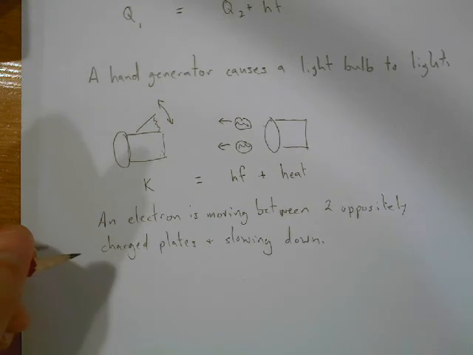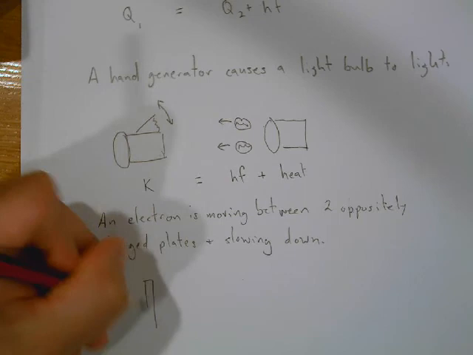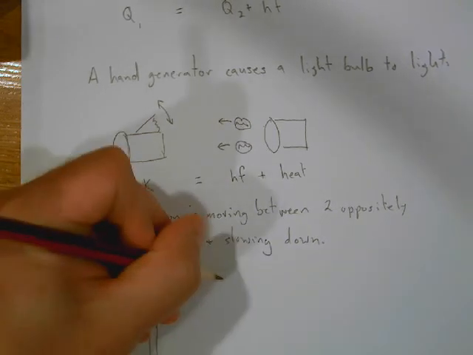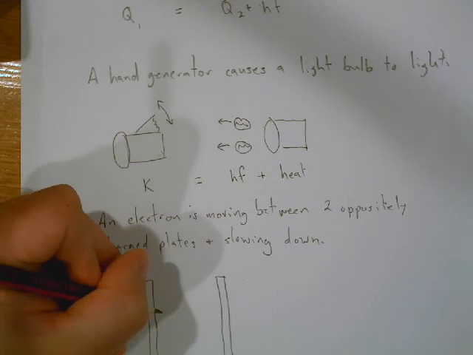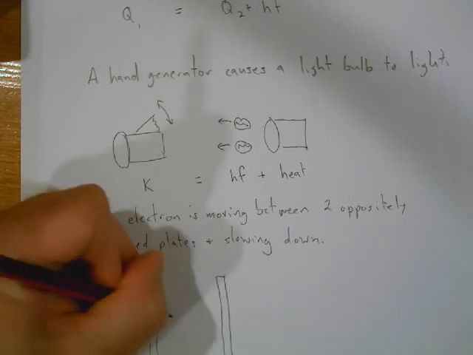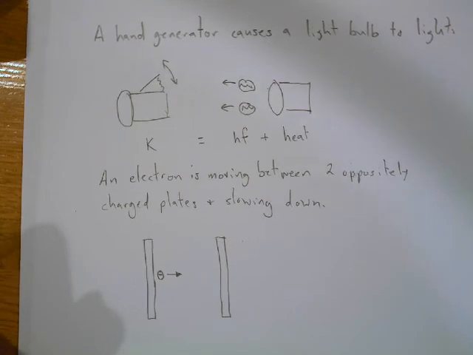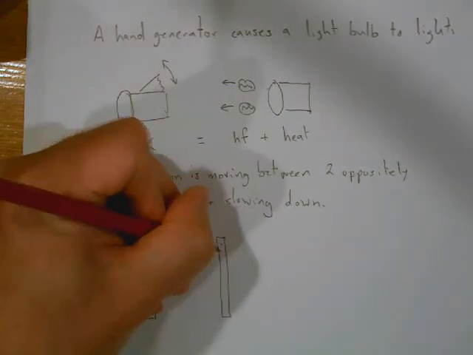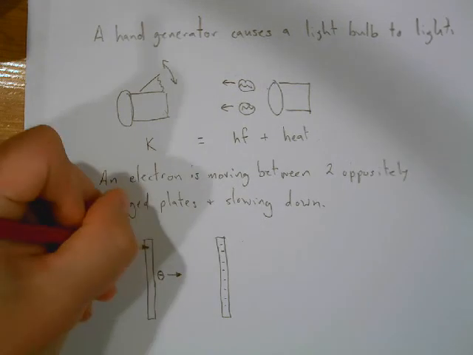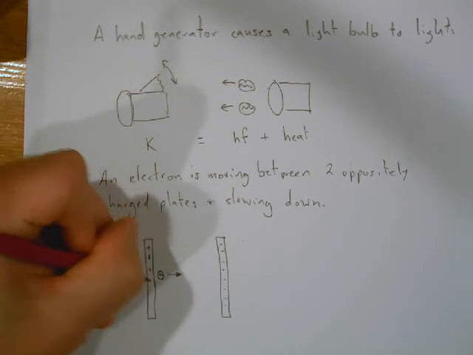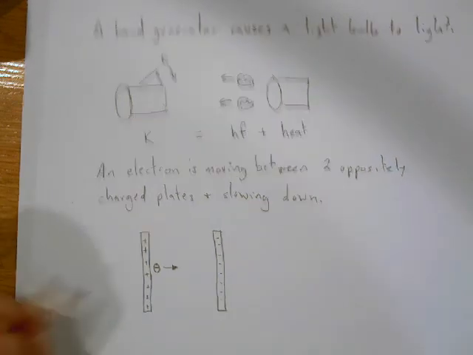Last one, an electron is moving between two oppositely charged plates. So I need to have two plates here. There's one plate. There's the other plate. Here is my electron. My electron is going to be moving this way. If my electron is slowing down, this plate would have to be negatively charged, and this plate would have to be positively charged, because if it's the other way, then my electron would be speeding up.